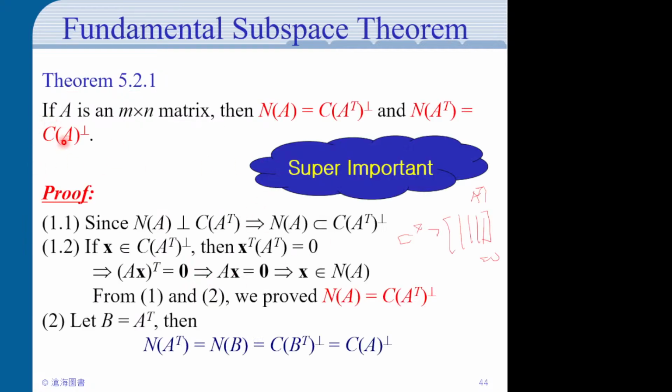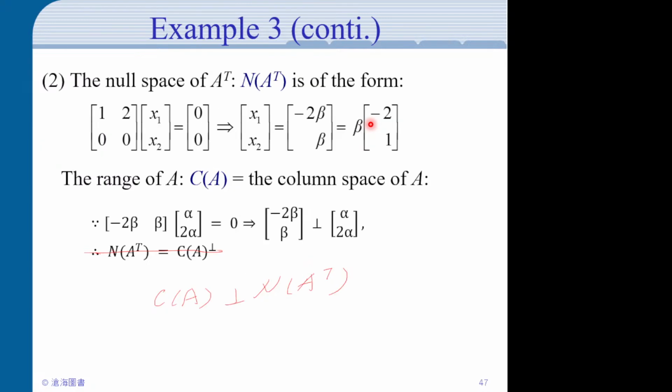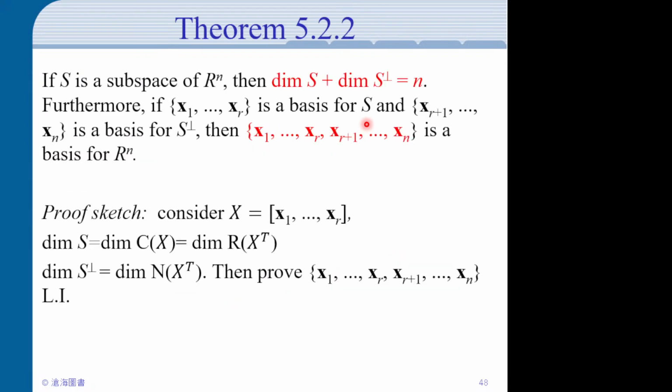S is C of X, and we know that S dual is C of X dual, which is the null space of X transpose. So that's the null space of X transpose.